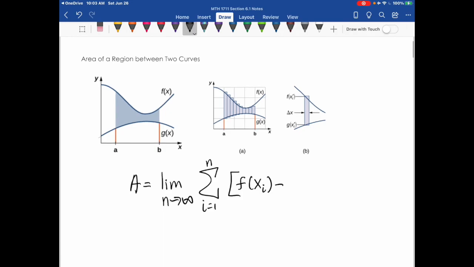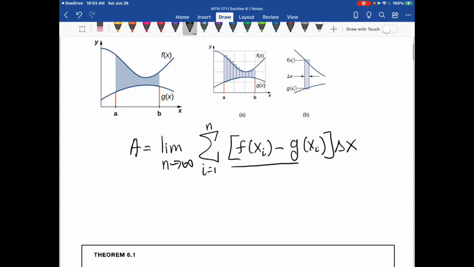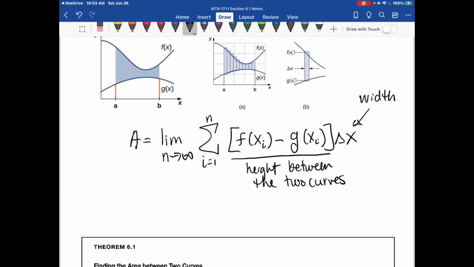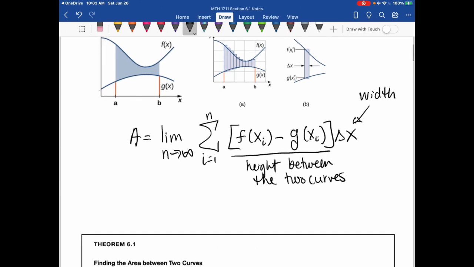And we're going to find the difference in the heights of the functions to find the height of the rectangle. So this would give us the height of the rectangle that's between the two curves. And then, of course, the width of the rectangle does not change.